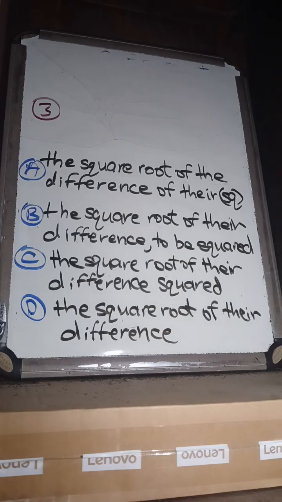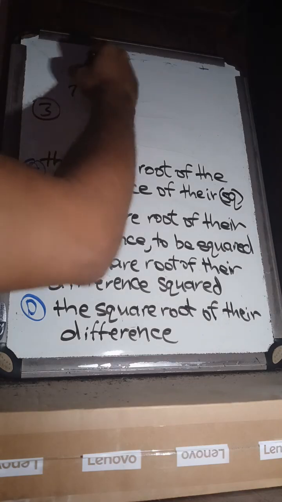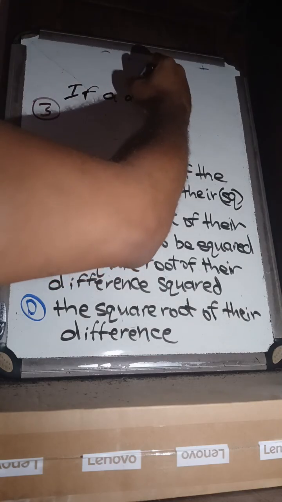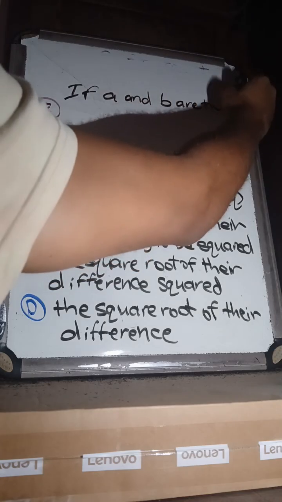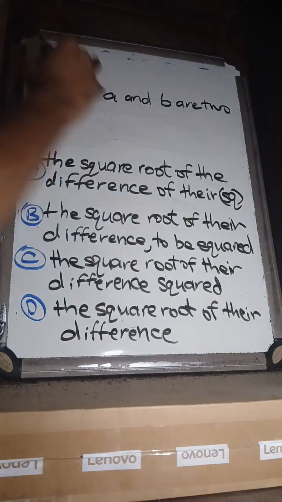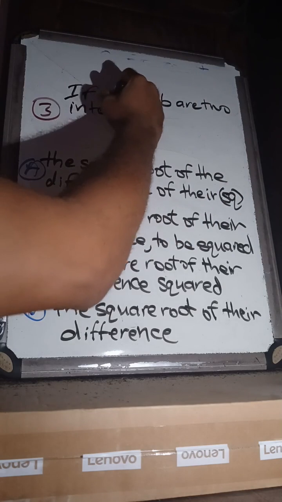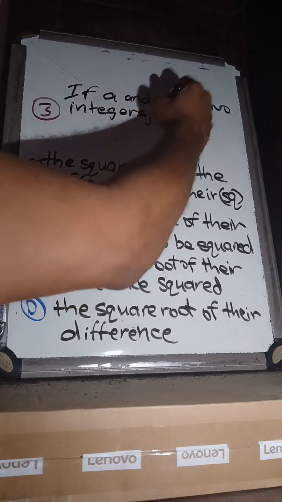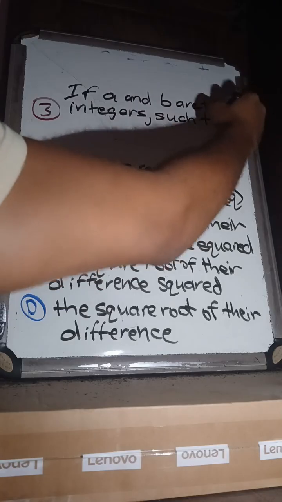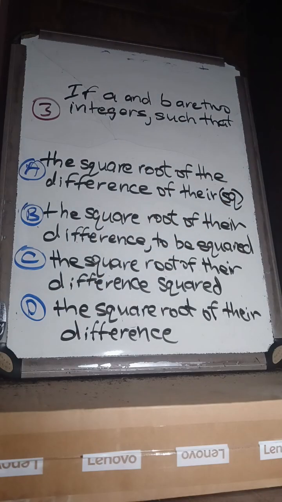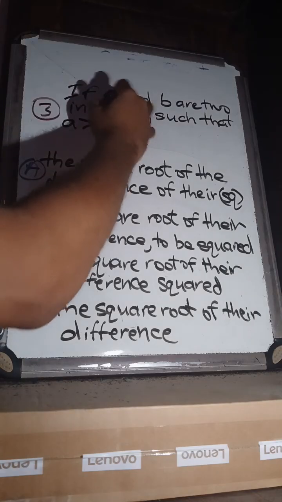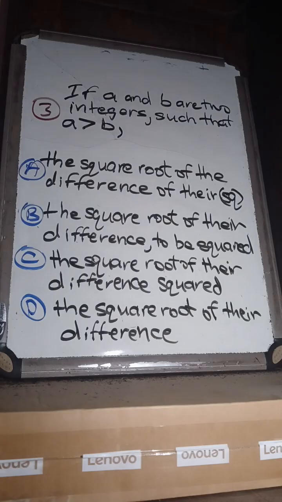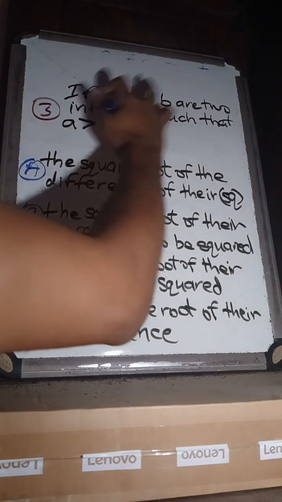And the question now is, if A and B are 2 integers such that A greater than B. Now, more than likely, I'm going to have to color code that.